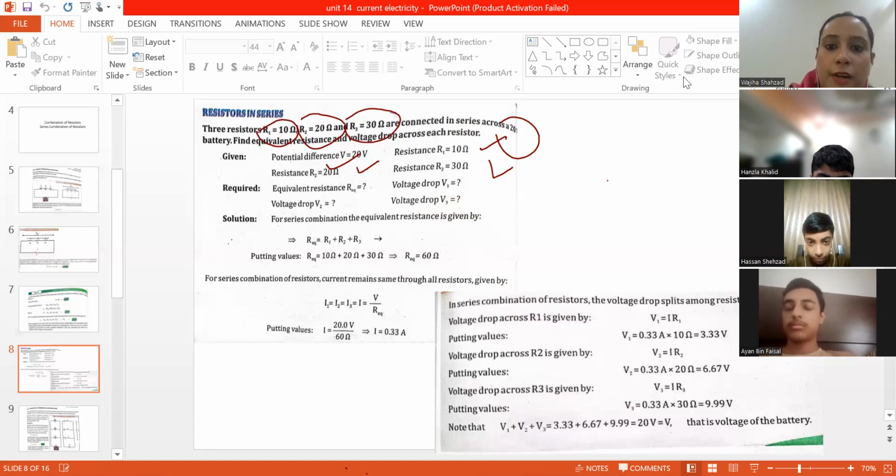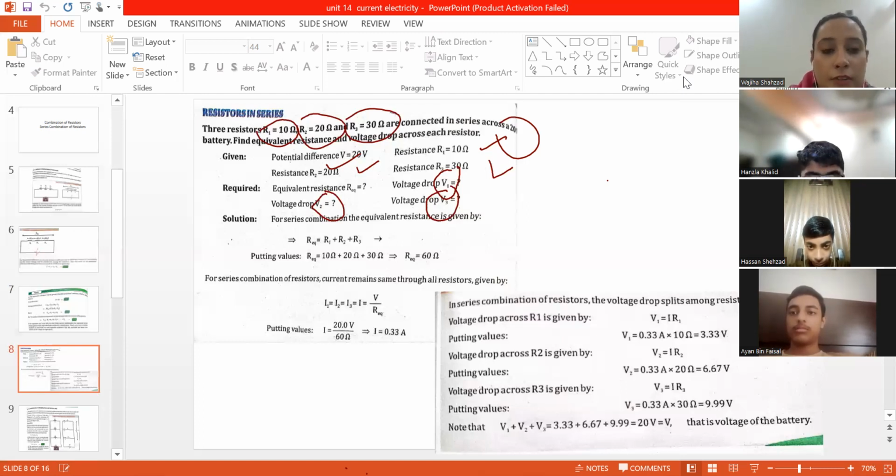So it means when we have to find the voltage across each resistor, we have to find V1 individually, V2 and V3. Now we have written all the data that is given to us and that we have to find out. Now we are moving toward the solution.